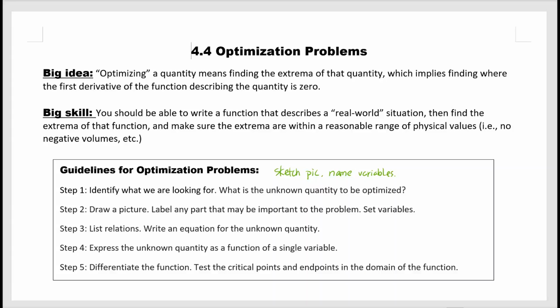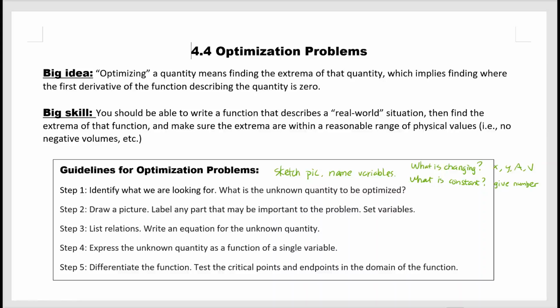For what is changing, give it x, y, a for area, v for volume. And what is constant? If it's constant, just give it the number. We don't need a variable for that.